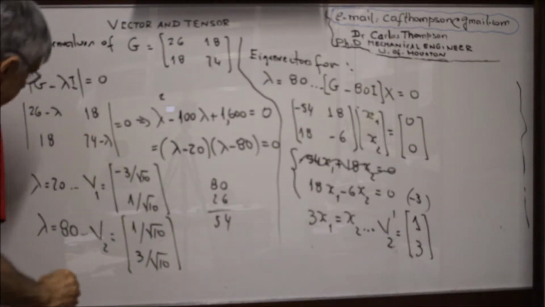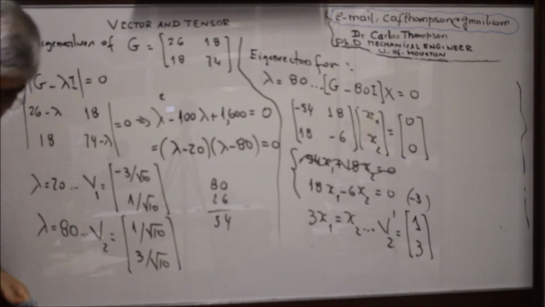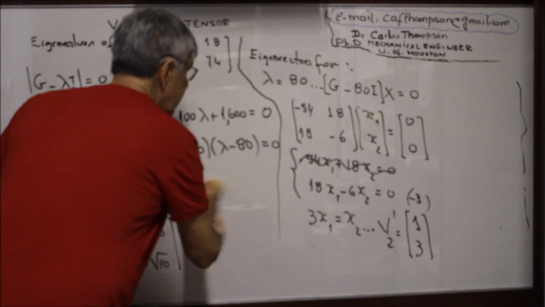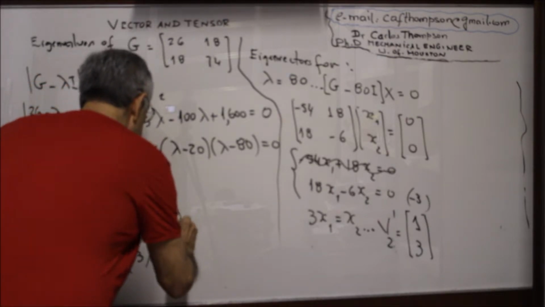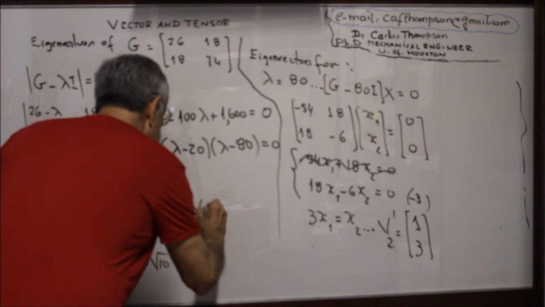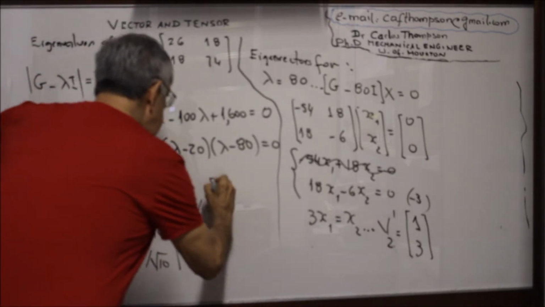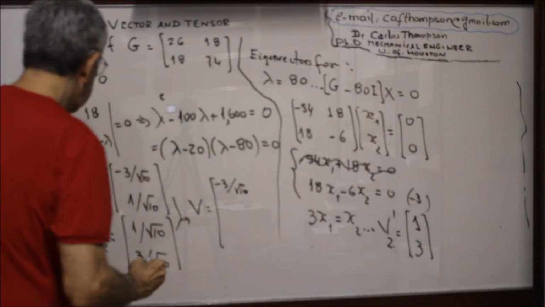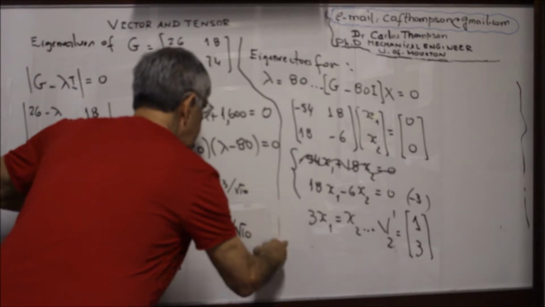You see, now we obtained the eigenvectors, the matrix V. So the matrix V, now we have the first column, minus 3 over square root of 10, 1 over square root of 10.